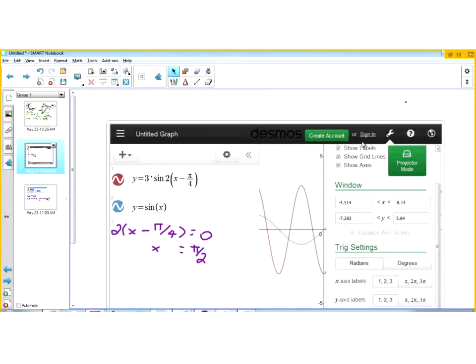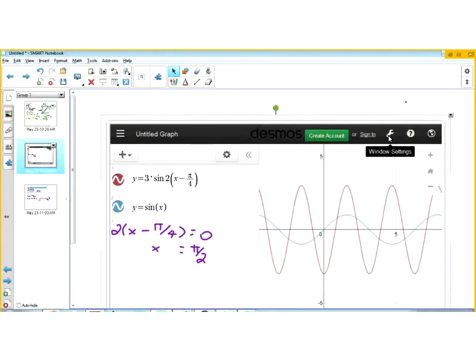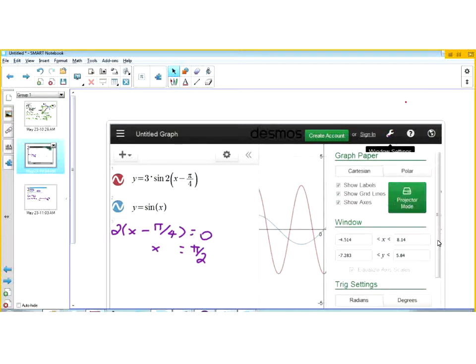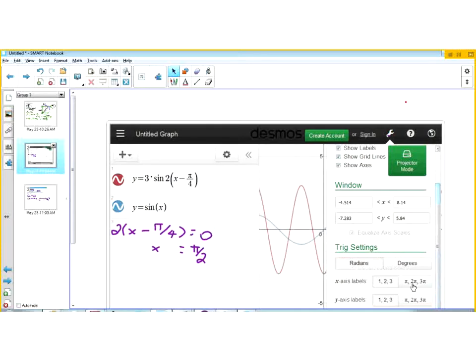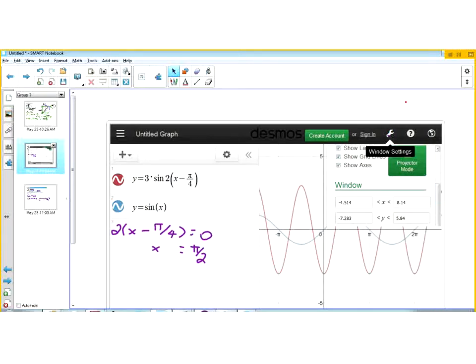Can I get away with that? Let's see if that worked. Didn't work. Let's see, window settings. So in radians. There we go. Okay, so now we got it.